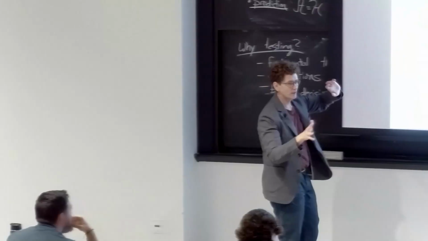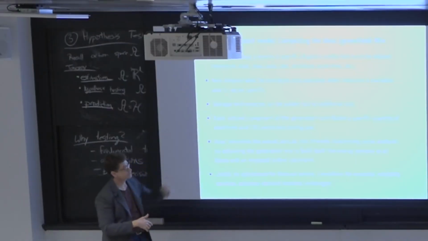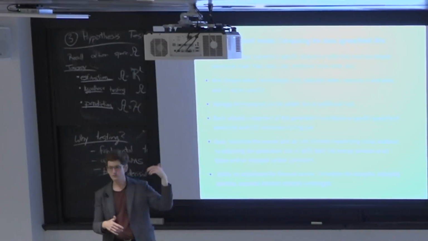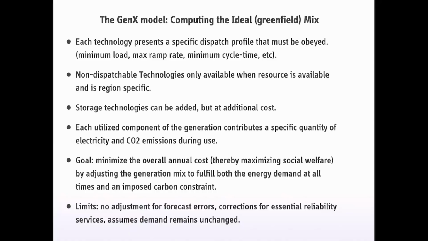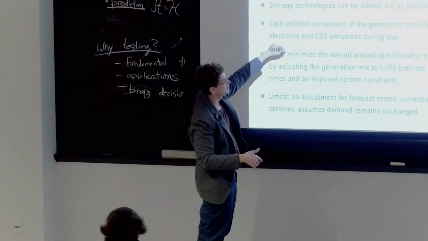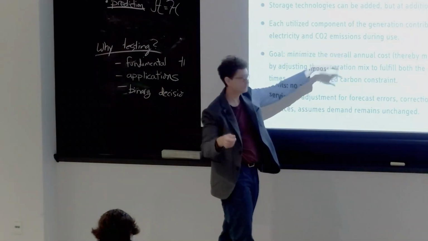Non-dispatchable, and that's true for a lot of technologies. Non-dispatchable technologies are only available when the resources are available. You can only use solar if the sun is shining, and so on. Storage technologies can be added, but at additional costs. Each utilized component contributes some amount of electricity and CO2, which we track.